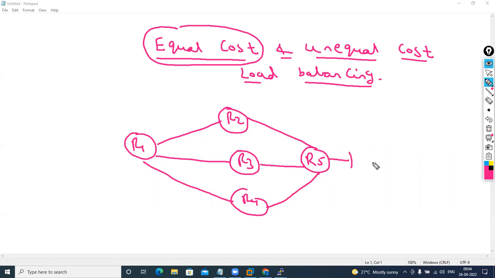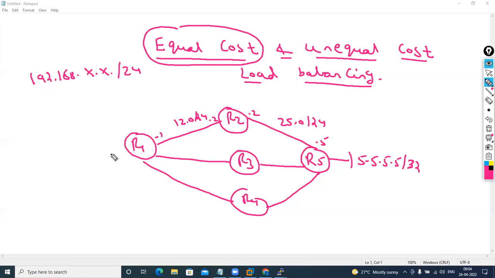Take a loopback /32. The network will be 192.168.x.x/24. This will be 12.0/24, 1.2. This is 25.0/24, 2.5.